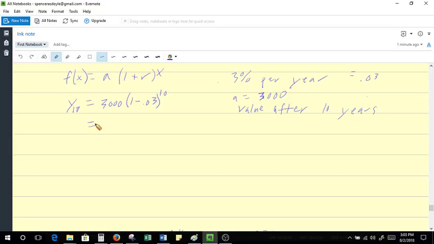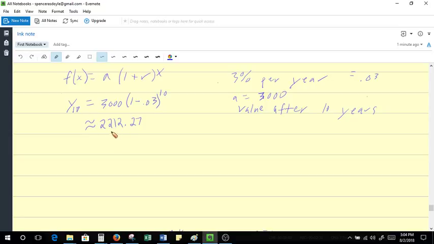And we can throw that into a calculator to find that it is 2212.27, or actually it's a rounded value, so let's round that value. Obviously we're dealing with dollars, so this is the value that would make sense.